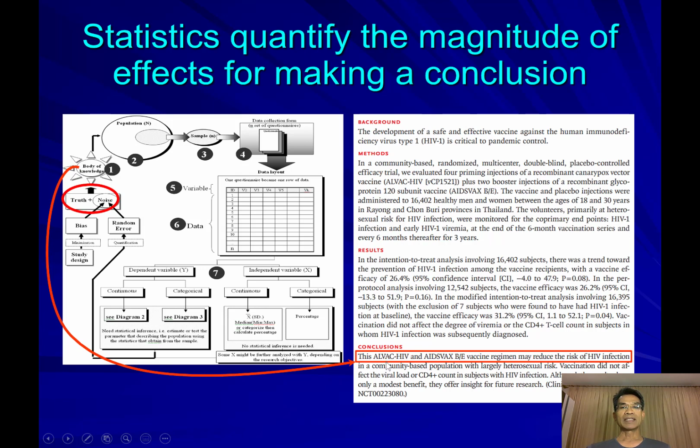So we focus here when we read a paper. It is the body of knowledge. It will be generalized to other groups. Knowledge is universal. So this is the first thing that we aim for when we read a paper.